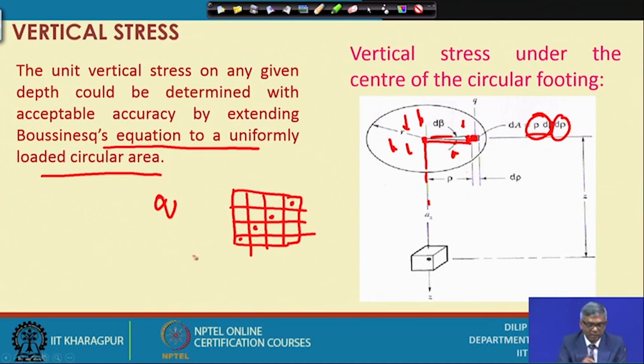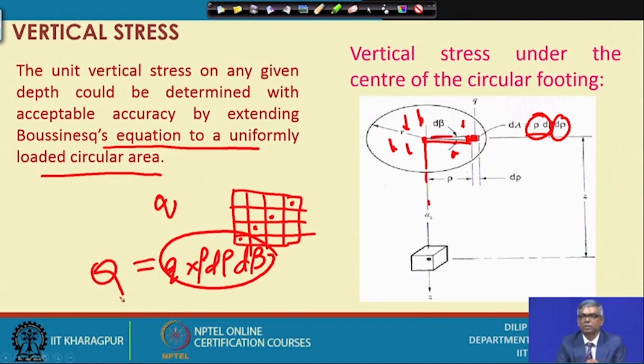You multiply q into rho d rho d beta, and that becomes capital Q. First I have got the small area multiplied by intensity, that becomes your Q. Instead of Q I can say this is dQ. Because of this dQ point load, I want to find out the effect at the center.